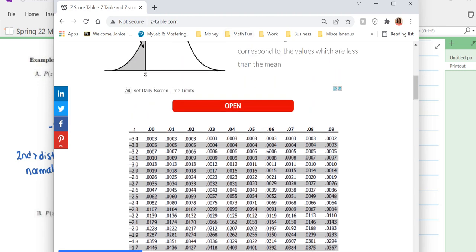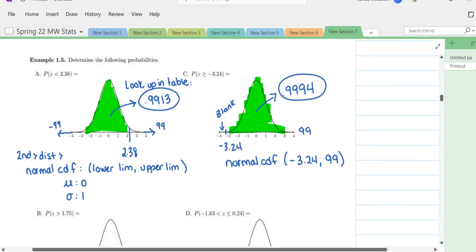So what this 0.0006 is, is this right here. So if I want to do it in the table when it's going to the right, I would do 1 minus the value in the table. And then that would give me 0.9994. Okay, because the table is always going to the left.